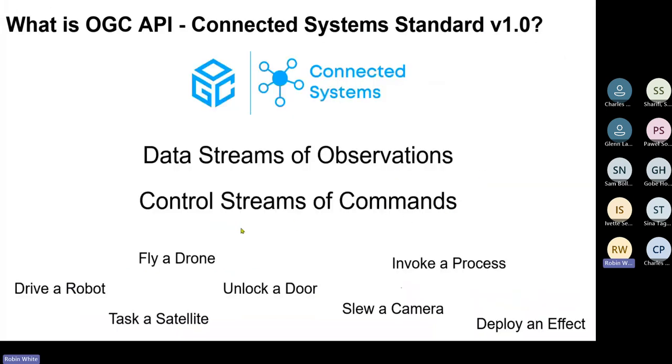What we're going to be talking about today specifically is binary encodings, which is Part 5 of the Connected Systems standards.